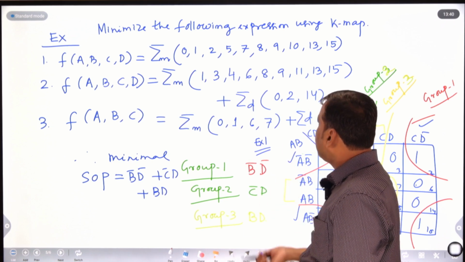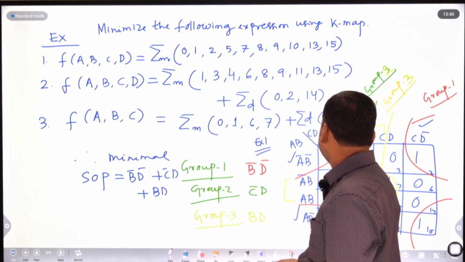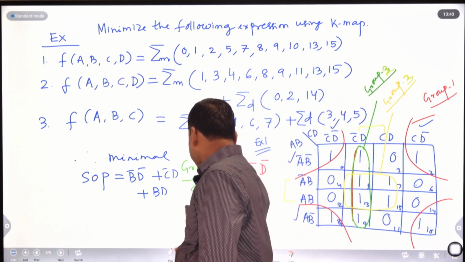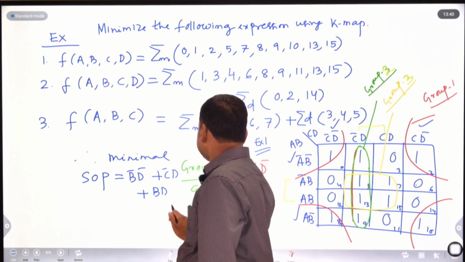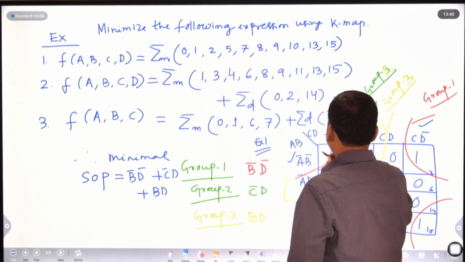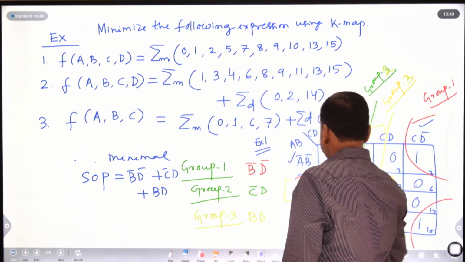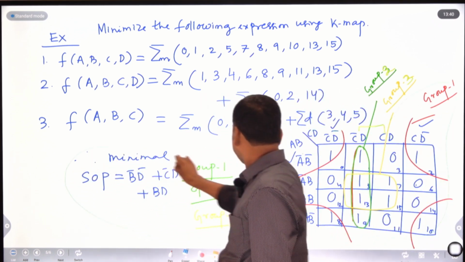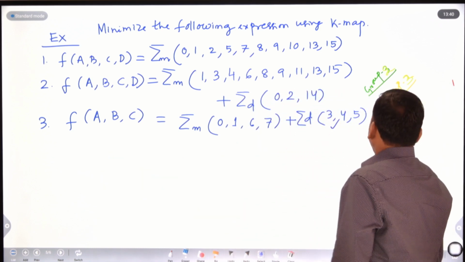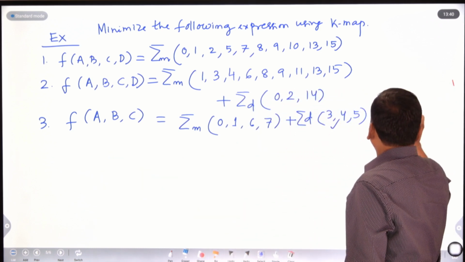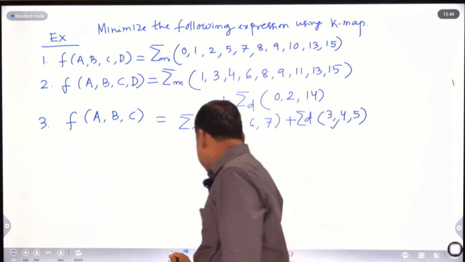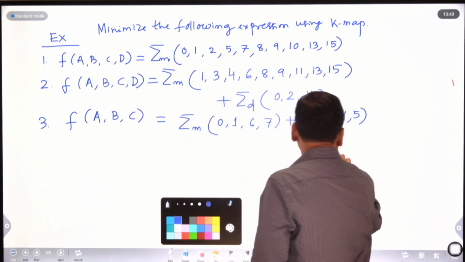Okay, come to the second example. Same thing, so form a 4 variable KMF.